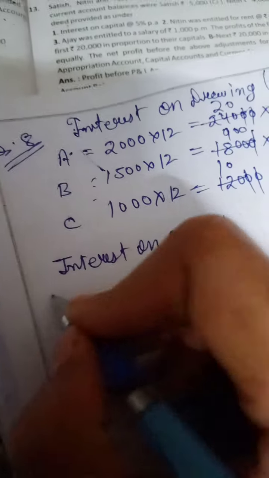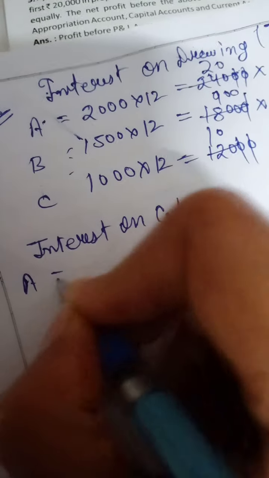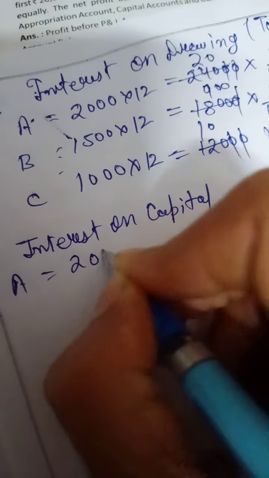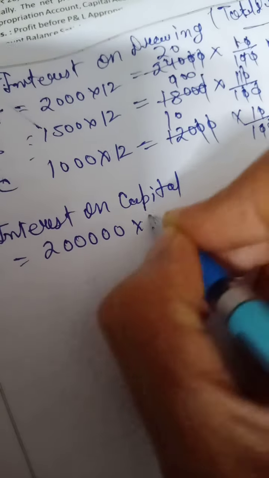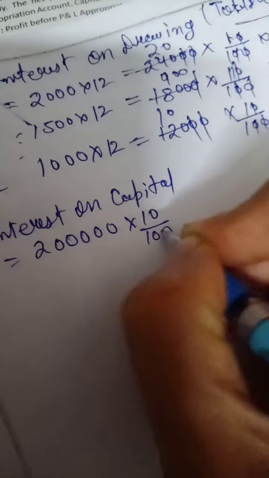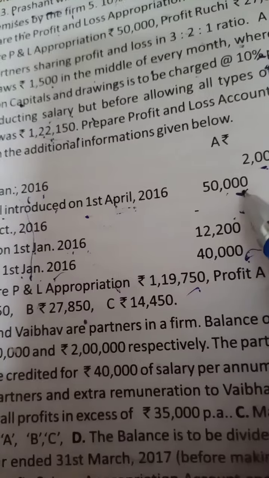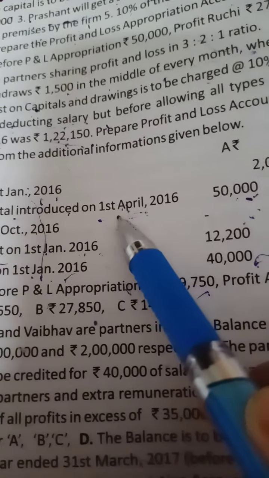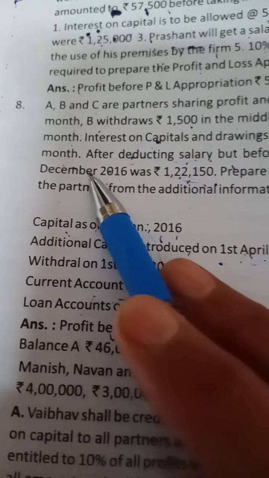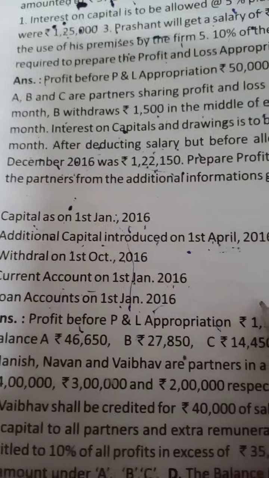Interest on capital for A is 2 lakh opening capital into 10%, which equals 20,000. A also introduced additional capital of 50,000 on 1st April. From 1st April to 31st December is 9 months.